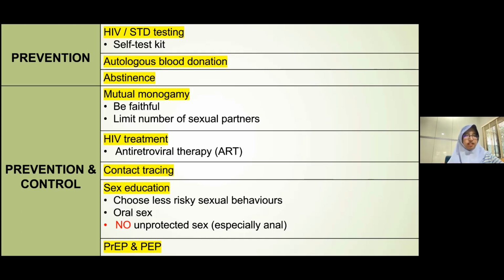Put together, mutual monogamy means sticking to only one partner, with both parties agreeing to share only each other. So I'm just going to say it directly: be faithful, because this is a way to limit the number of sexual partners you have. It makes sense, right? When you limit the number of sexual partners, you reduce your risk of getting HIV.